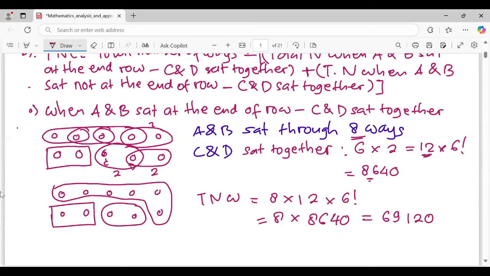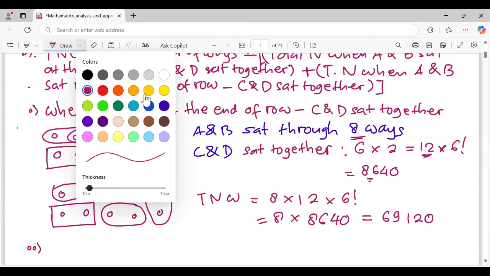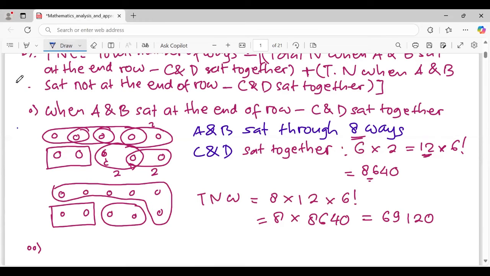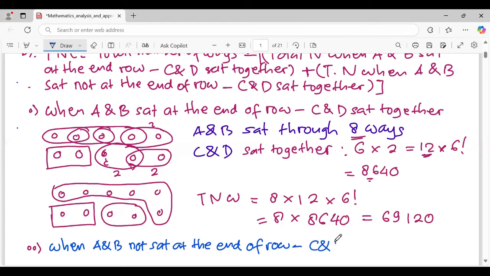Next, the second condition, and I'm going to use a different color: when A and B did not sit at the end of the row, but C and D sat together.